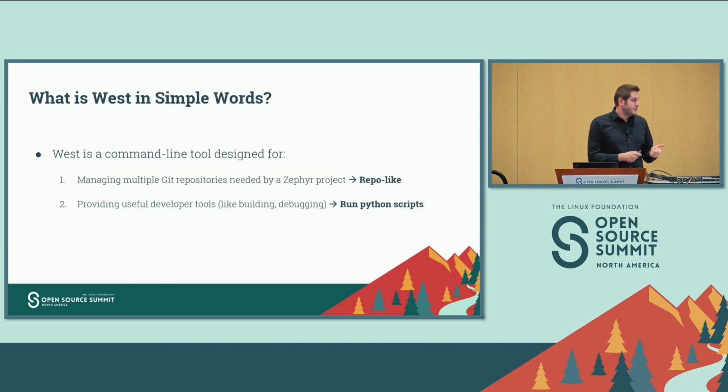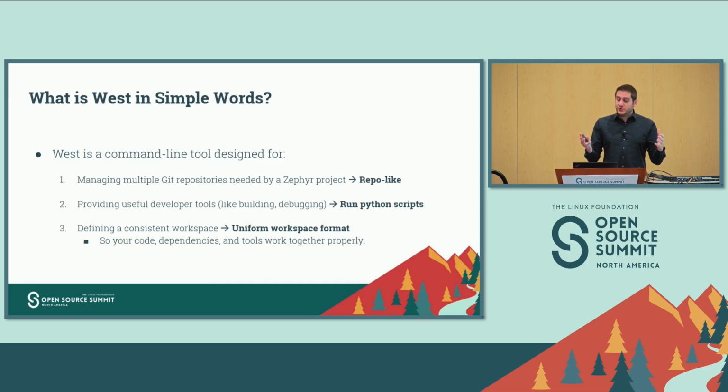It provides useful tools like building, debugging, flashing, basically running Python scripts for us. And it also provides a consistent workspace, a uniform workspace format, so your code and dependencies are all going to work together seamlessly. So in simple words, it is a repo-like tool that runs Python scripts, and it has a uniform workspace format.